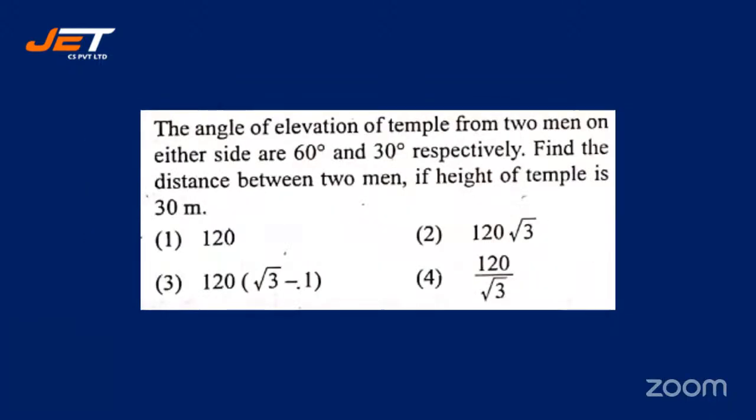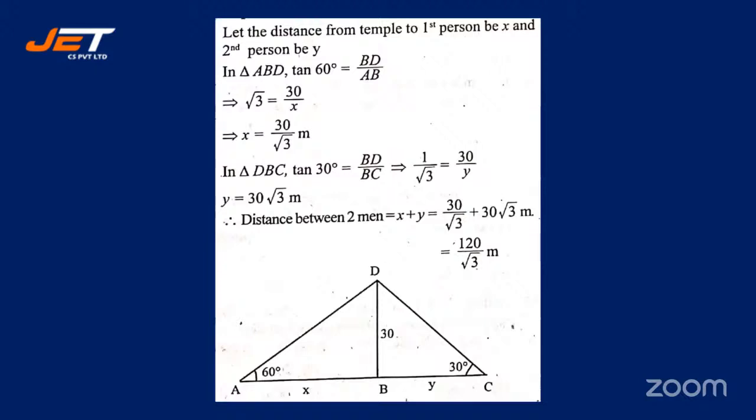The angle of elevation of temple from two men on either side are 60 degrees and 30 degrees respectively. Find the distance between two men if height of temple is 30 meters. All right. So here also you can see that you're assuming the distance from the temple to first person be x and the second person to be y. Right.